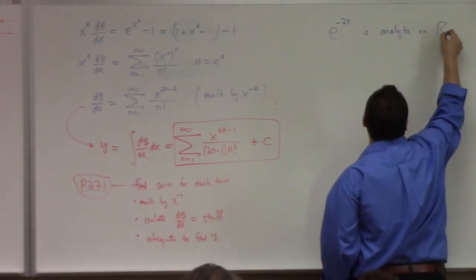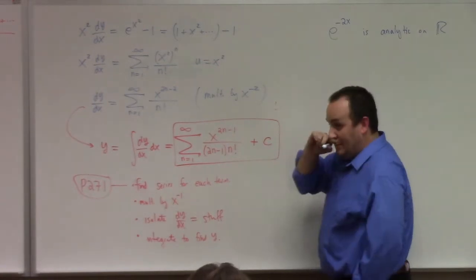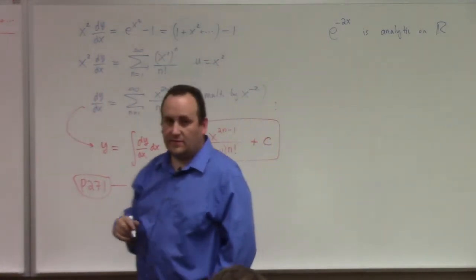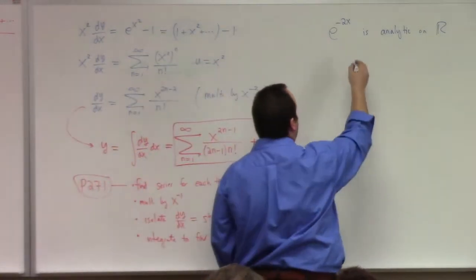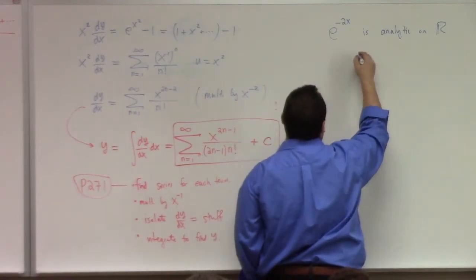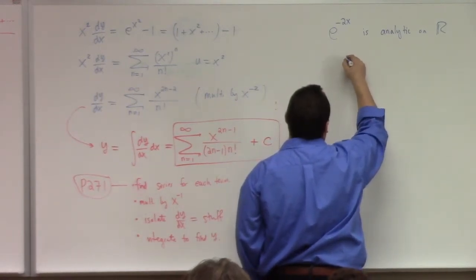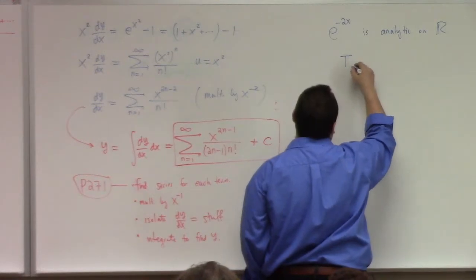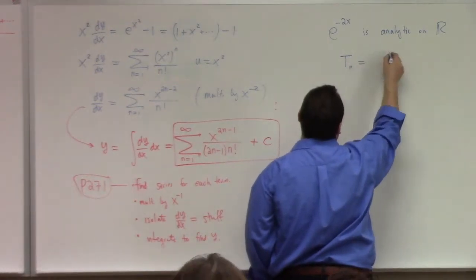On the reals. And what that means is that if we calculate the Taylor series, so the nth Taylor polynomial, this is what?